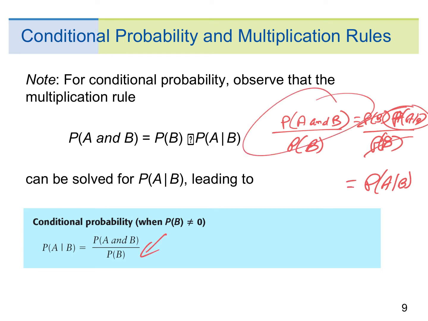Well, that's where they got that, guys. They took a formula that you already know and they just solved it for something else. This is your conditional probability formula: the probability of A given that B has already occurred. You'll see it when we get to the examples.